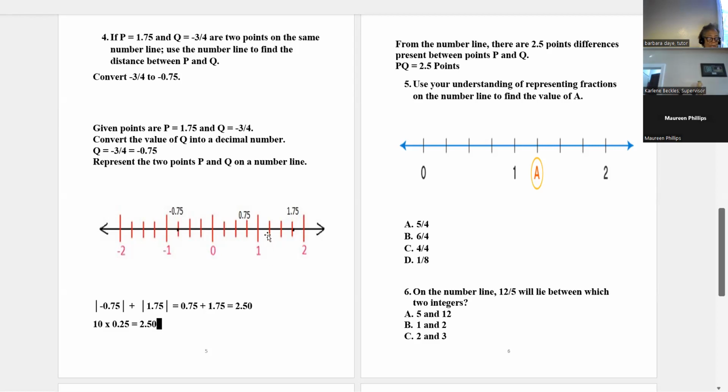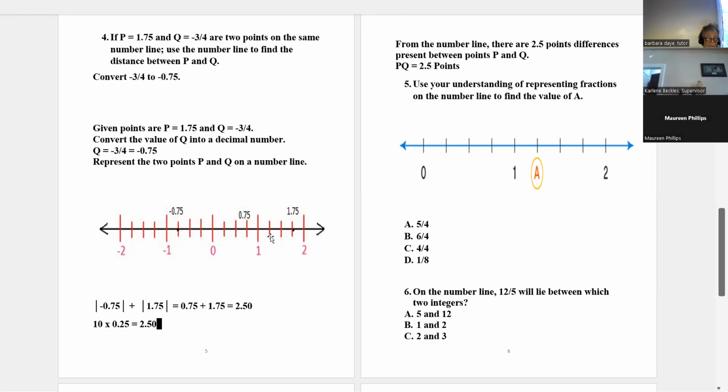So what would this be? 1.25. So what would that notch be? To be a 2, Maureen, it's got to be over here. Remember, between 1 and 2, it's got to be less than 2.